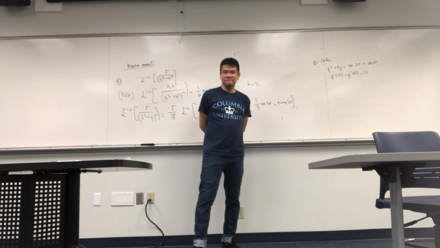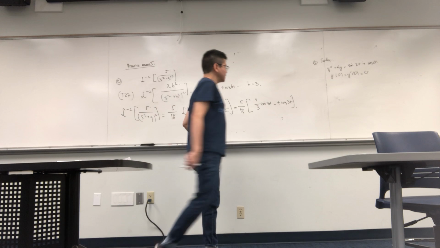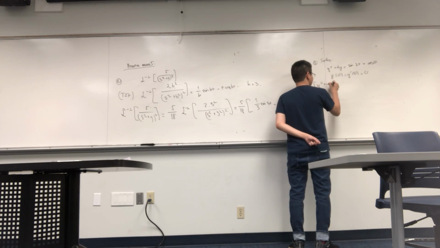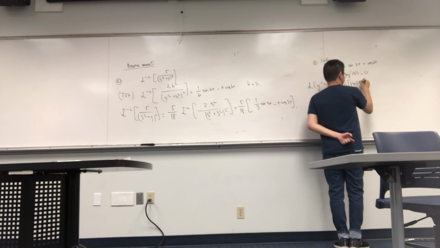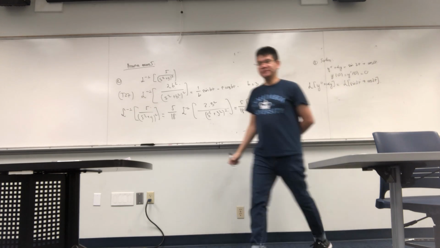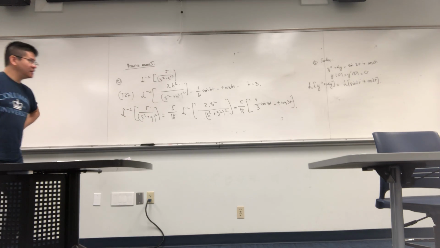So the first step is what? Take the Laplace transform of both sides. You're going to Laplace transform both sides, right? So the first step is always taking the Laplace transform of both sides.